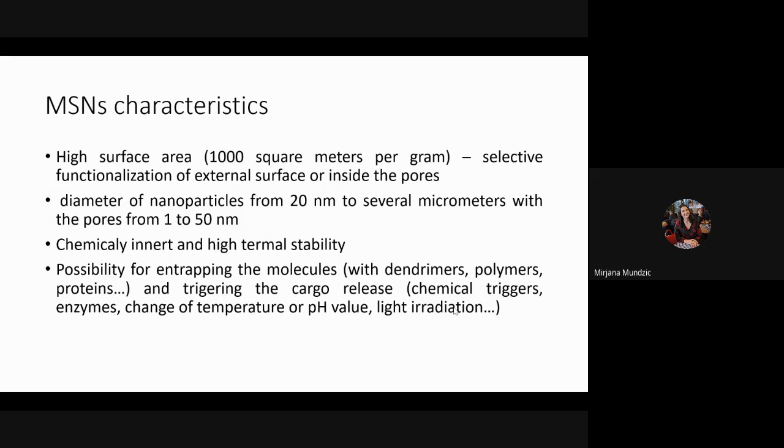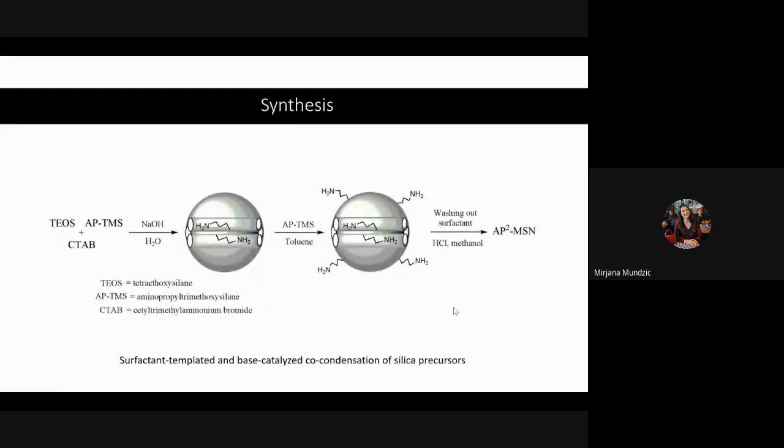They are chemically inert, show high thermal stability, are biosafe, and have the possibility to entrap molecules and trap them until a signal, which can be a change of pH value, a change of temperature, some chemical trigger or something similar, triggers the cargo release.